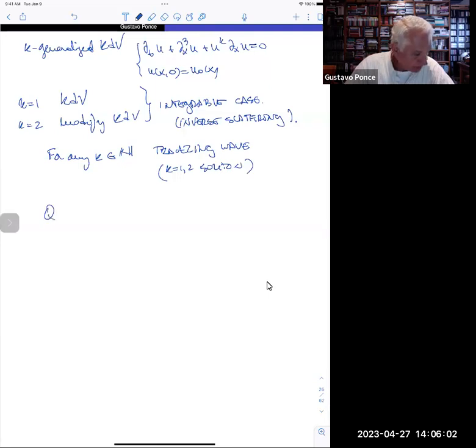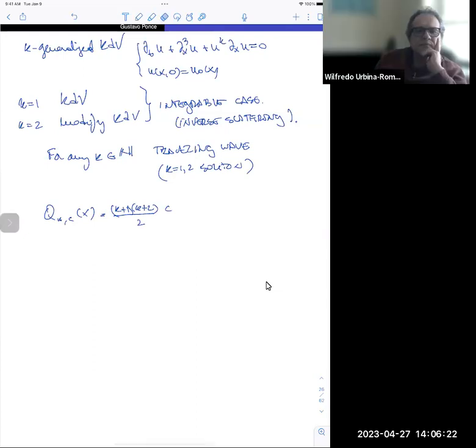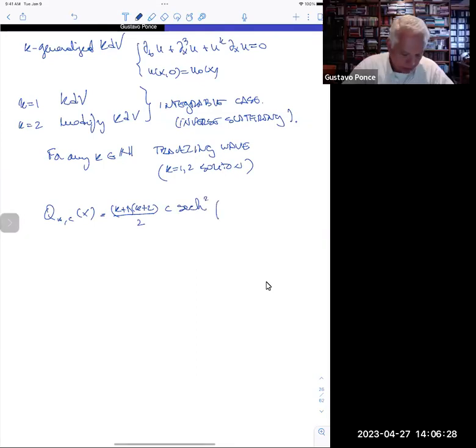Then Q_k with a speed c is equal to k plus 1, k plus 2, and I'm copying. Don't think that I know this by heart. We're going a square of k over 2.